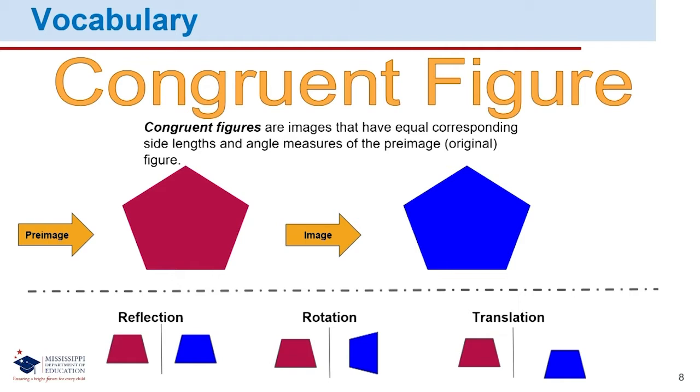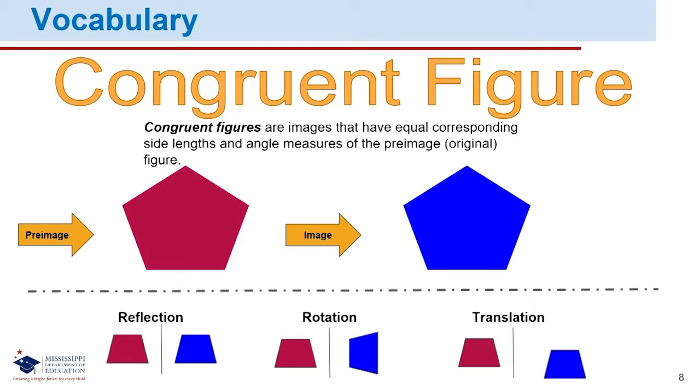Congruent figures are images that have equal corresponding side lengths and angle measures of the pre-image, or the original figure. So again, you see my pre-image. This is a regular pentagon. Regular means that all the side lengths are the same and all the angle measures are the same.